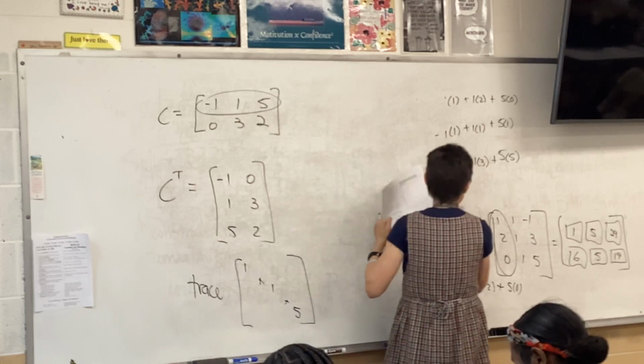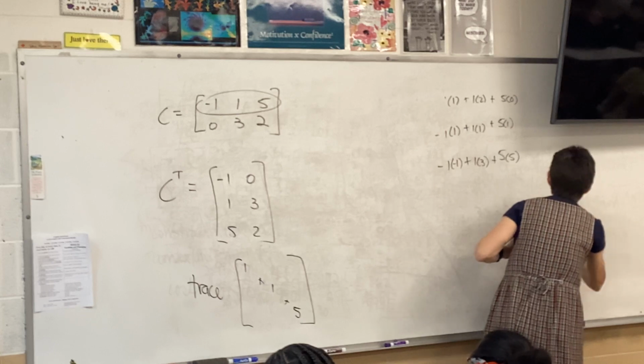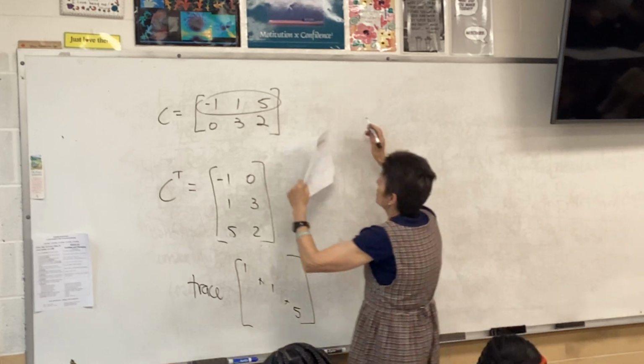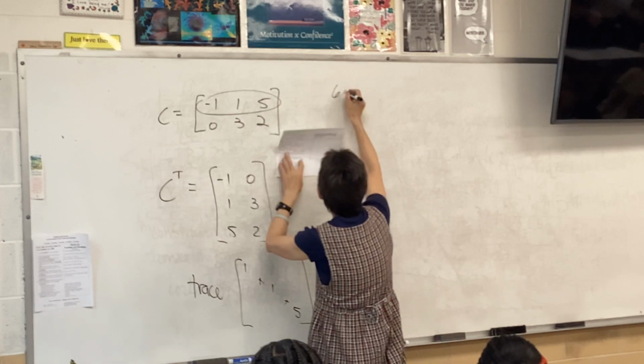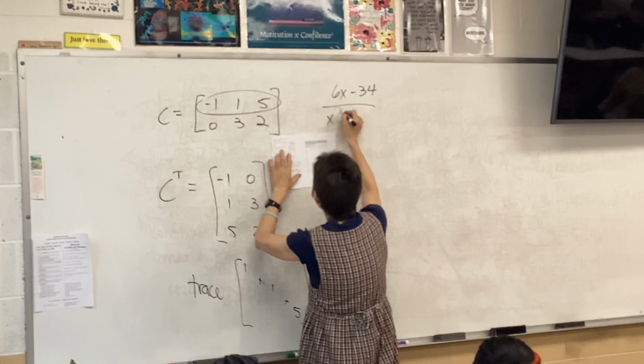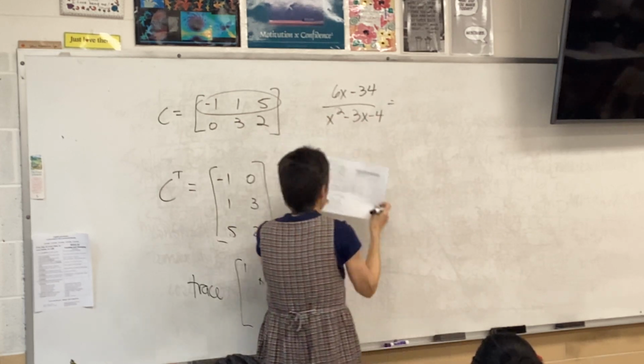Find the partial fractions. Okay, you're good at this. You know what to do. Who can tell me what the first thing is I have to do if I am finding the partial fractions for this big fraction?